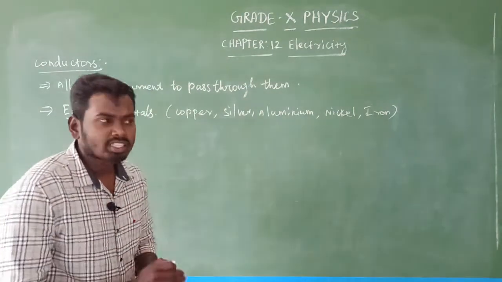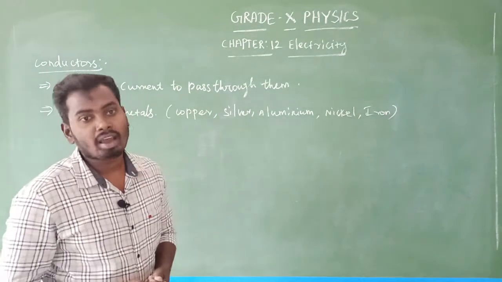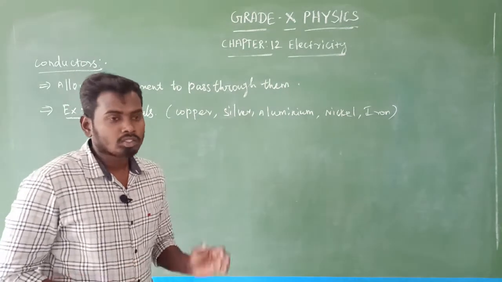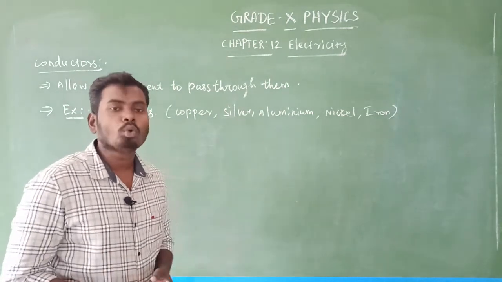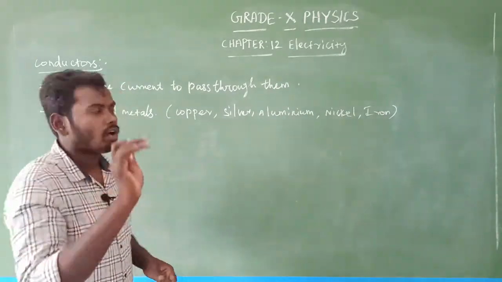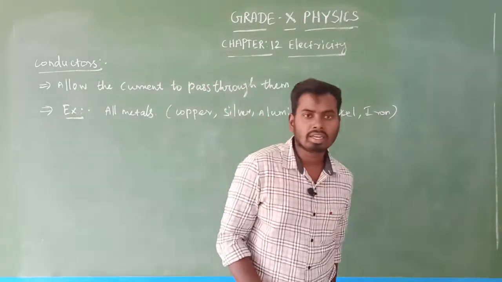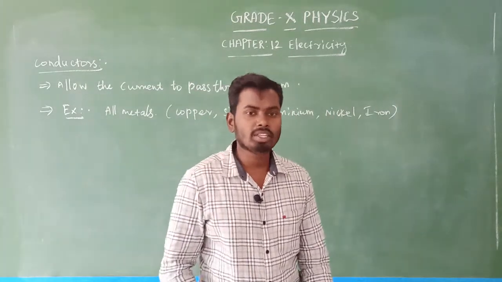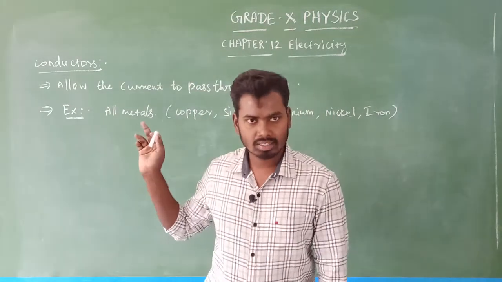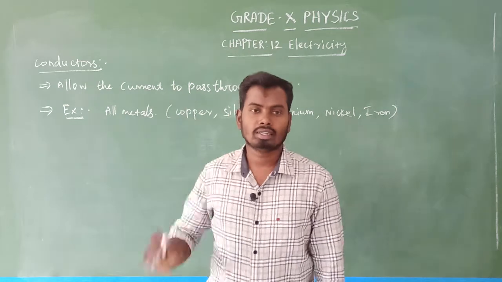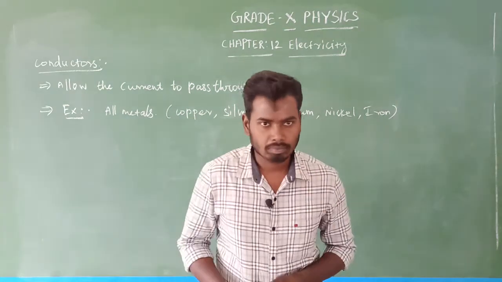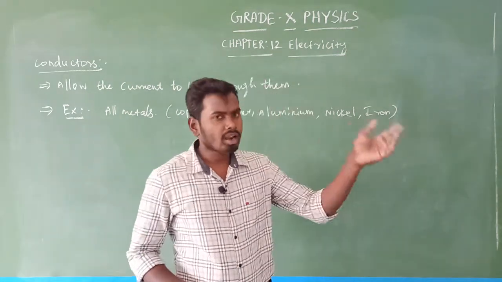A material which allows the current to pass through them is called conductor. So generally all metals are good conductors of electricity. For example, copper, silver, aluminum, nickel, iron are all examples of metals. Is it clear? Yes.